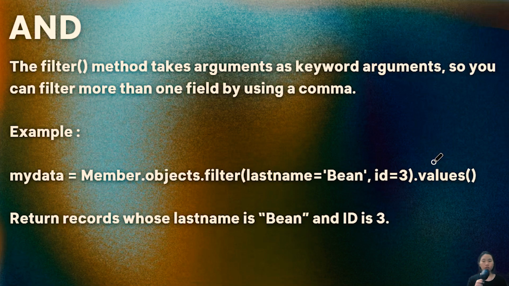Since a comma denotes the keyword AND, both conditions must be satisfied. So there has to be an object whose last name is Bean with the ID 3. These two conditions must be fulfilled in order for you to get the correct records. Otherwise, it's going to return an error, or it's going to tell you that it can't find it, or it doesn't exist, and so on.